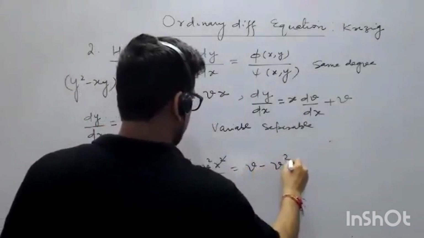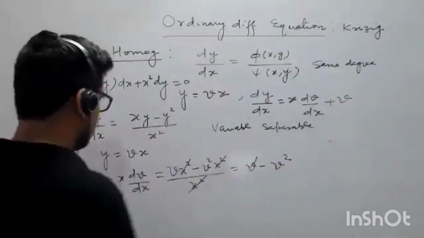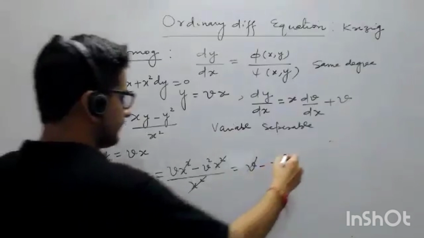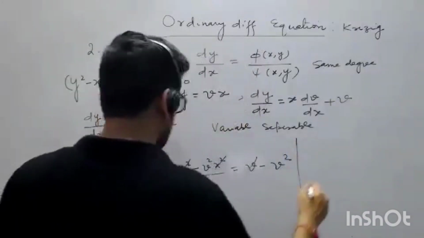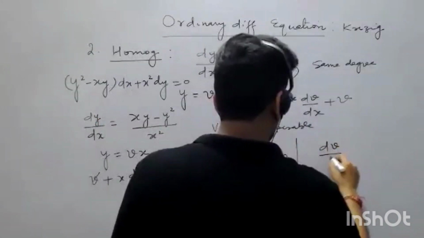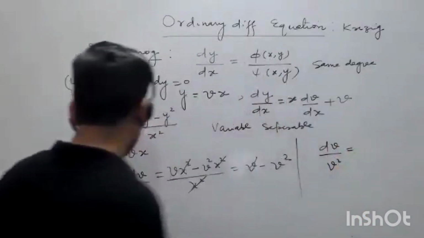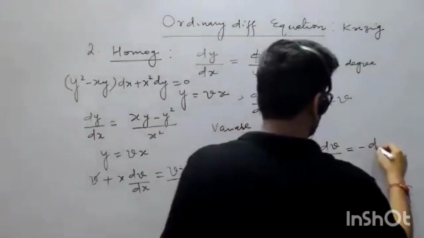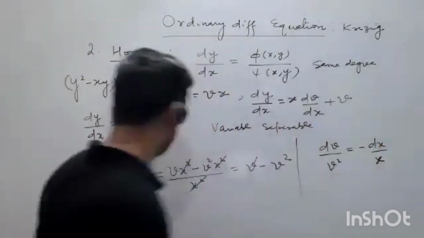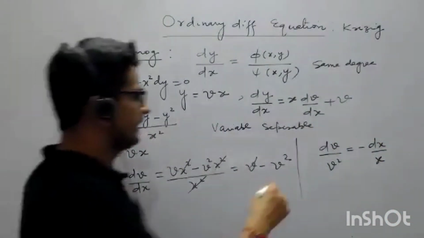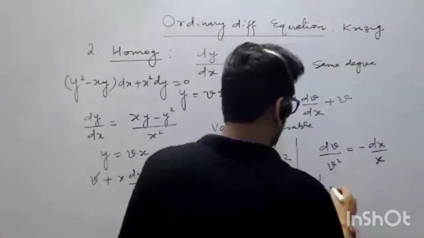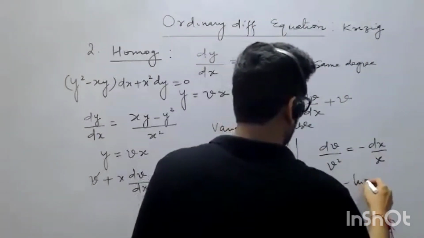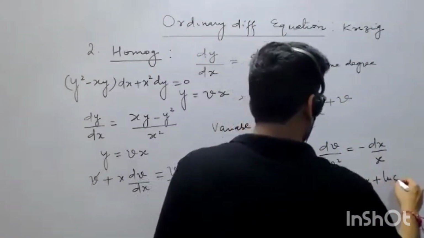V minus v square, so v will be cancelled only. So it will become dv over v square is equal to dx over x.